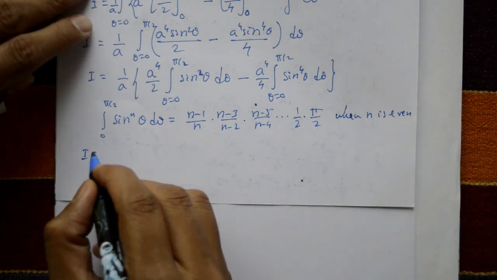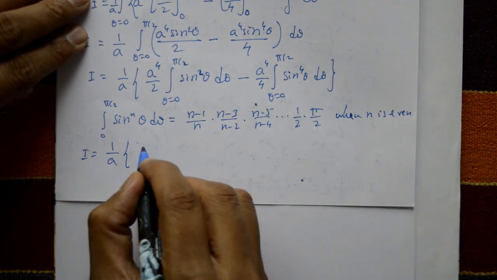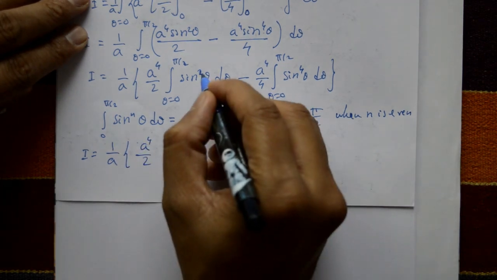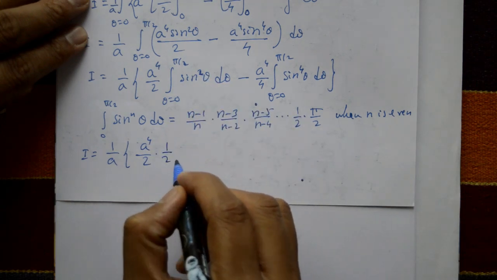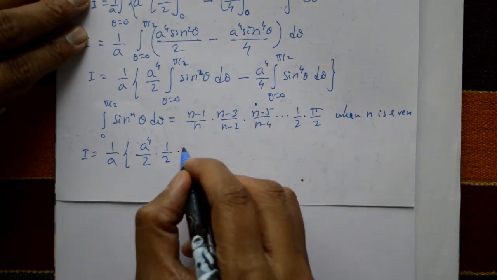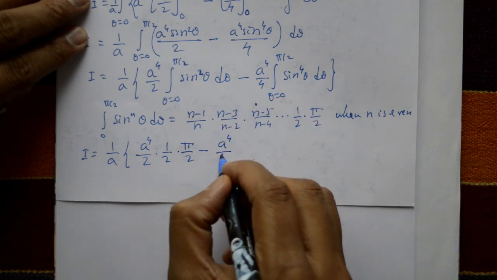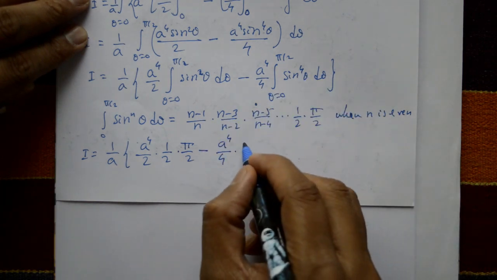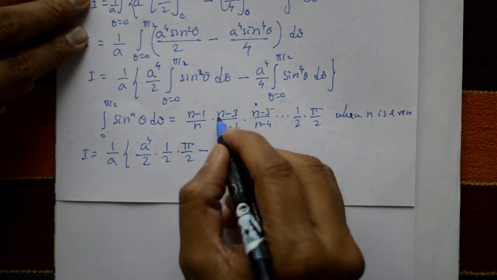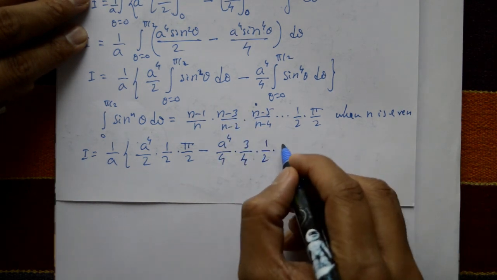I is equal to 1 by a, and a raised to 4 by 2, using this reduction formula, n minus 1 by n is 1 by 2, into the last pi by 2, minus a raised to 4 by 4 into, again using this formula, n minus 1 by n is 3 by 4, n minus 3 by n minus 2 is 1 by 2, and pi by 2.